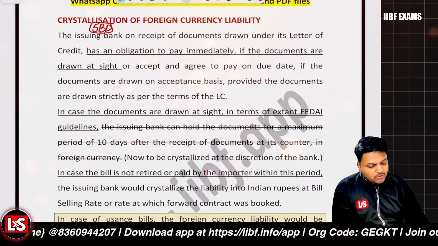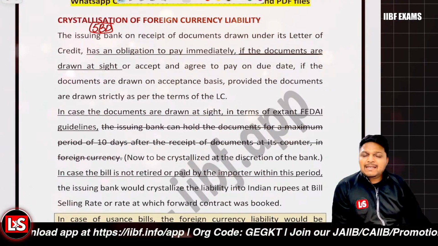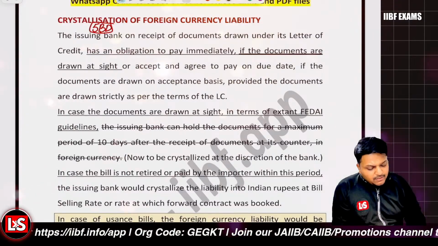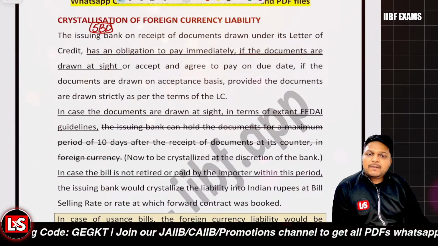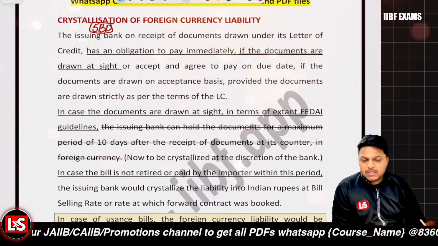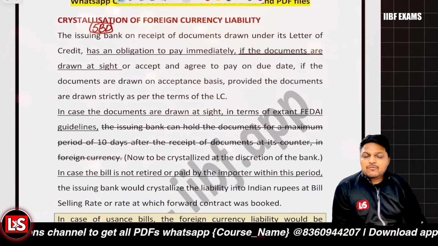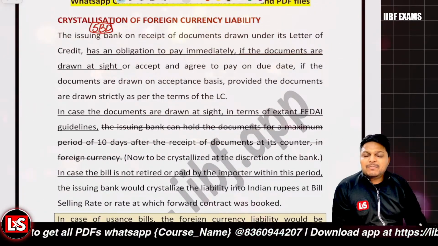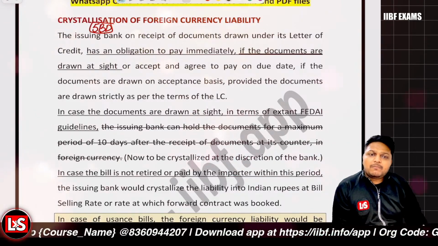If the documents are drawn at sight, the payment is to be made at the same time. If it is on usance basis, the payment is to be made after the credit period, but it has to be paid because it's an irrevocable undertaking given by the issuing bank. If a complying presentation is made, the payment is to be made.